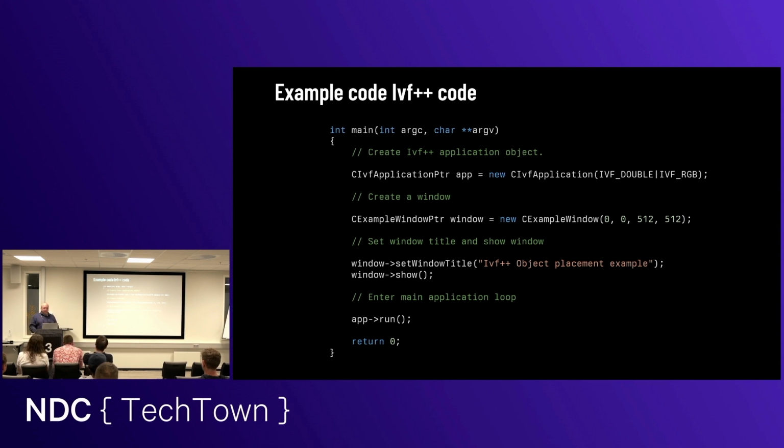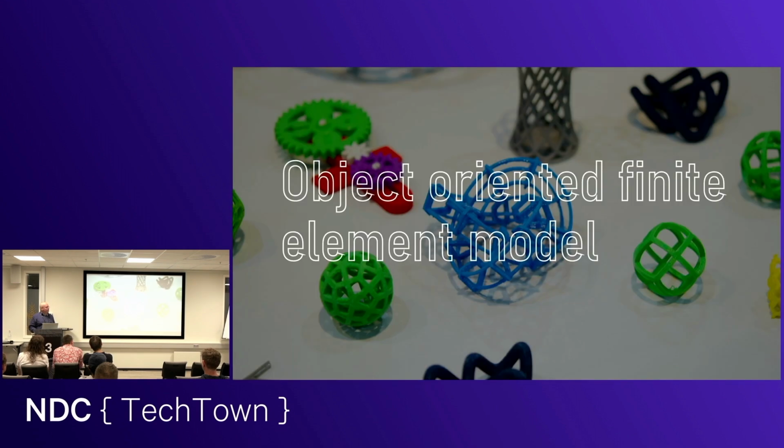So the next step in my implementation of ObjectiveFrame was to create an object-oriented model of a finite element structure. You're a PhD student, you want to think very generally, so I did a lot of object orientation. I created a lot of classes, and I did not always make perfect design choices.